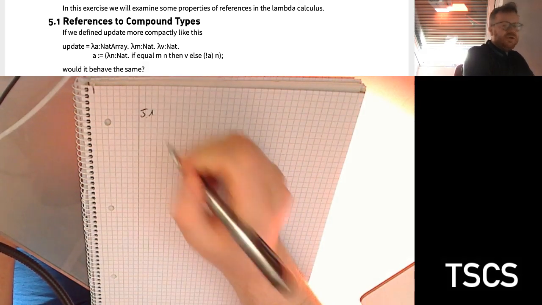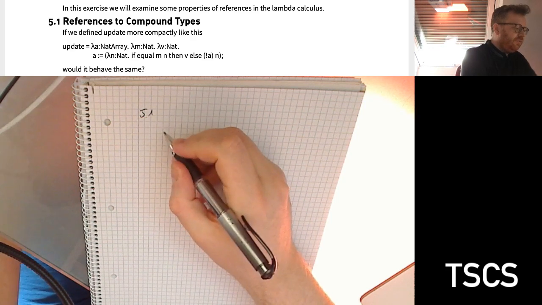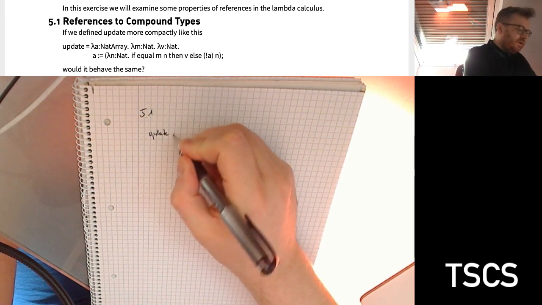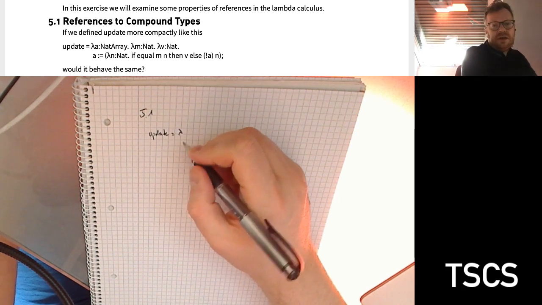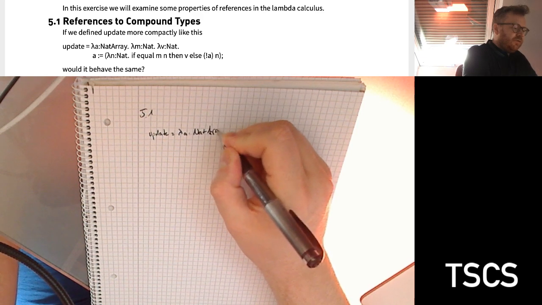Well, we can use it. So just to have it on my sheet of paper again, the other update function was update, lambda a, not array.